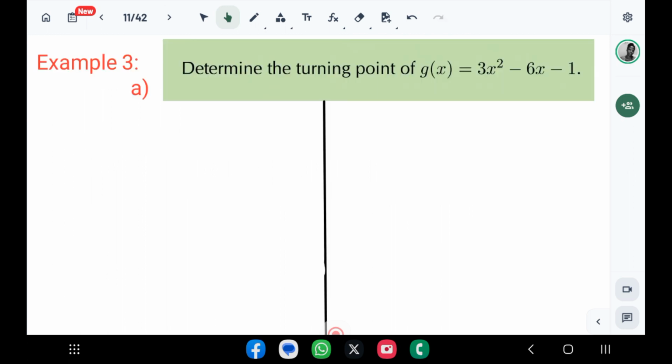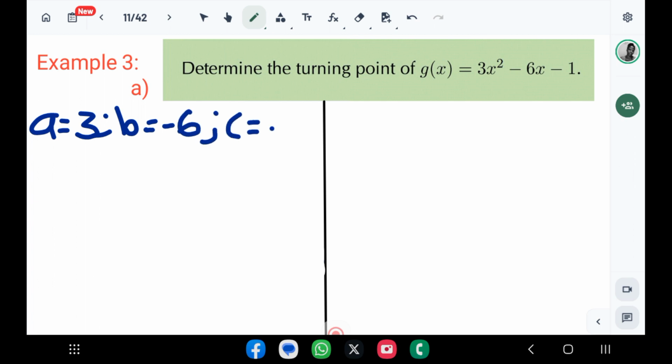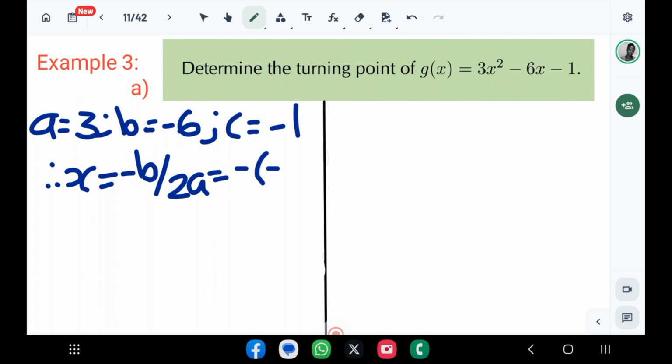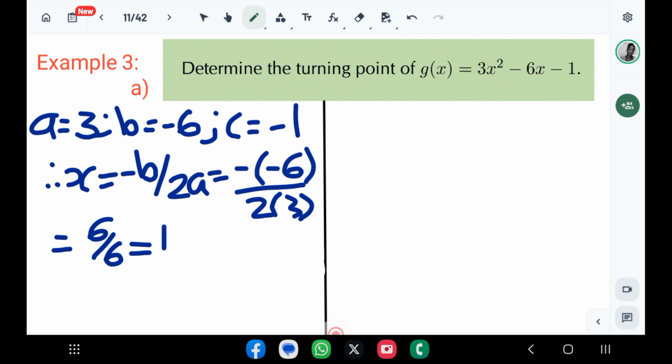Now let's determine the turning point for 3x squared minus 6x minus 1. Our a here equals 3, our b equals negative 6, and our c equals negative 1. Therefore, our x equals minus b over 2a, which is minus negative 6 over 2 times 3, which is 6 over 6, which is 1.